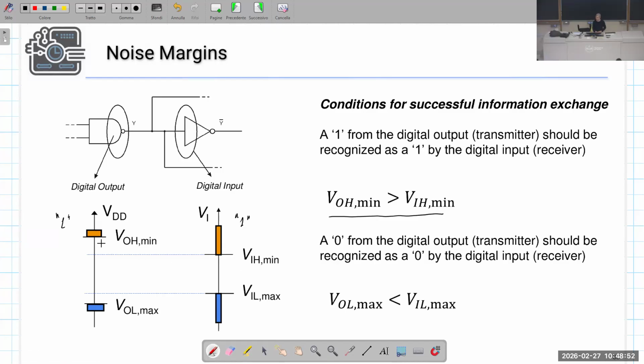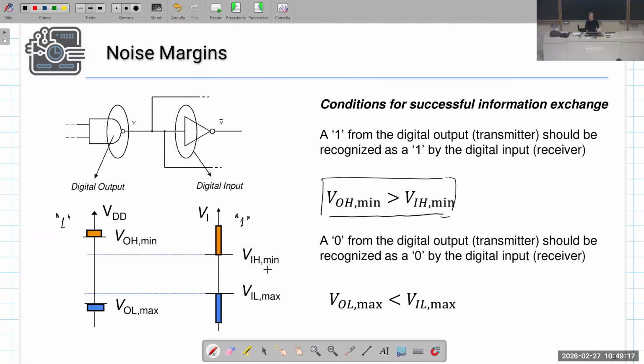In the worst case, we consider the minimum value, clearly the higher the better, and it should be larger than the minimum voltage level which is recognized as 1 by the second gate. So we need to enforce this condition: VOH minimum larger than VIH minimum.